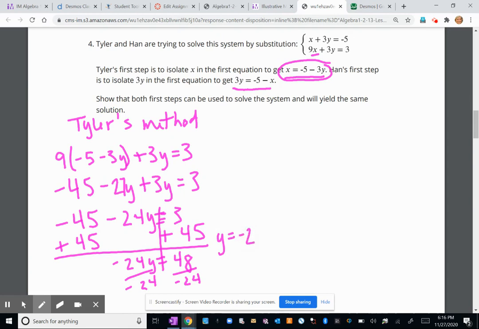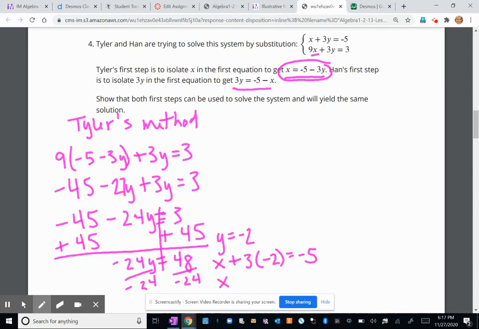And so if y is equal to negative 2, then x plus 3 times negative 2 equals negative 5.